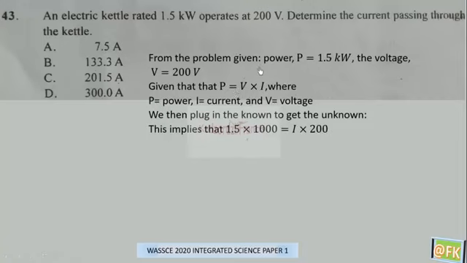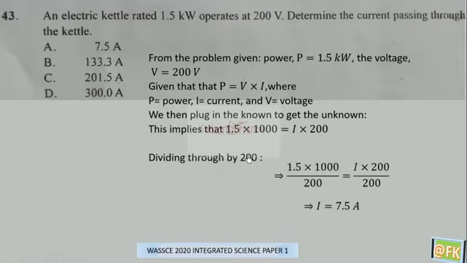You know, kilo means what? 1000. So that is why we are writing 1000 here. So 1.5 times 1000 is equal to I by 200. So to get I, we divide through by what? 200. And that gives us the current to be 7.5. The correct answer here is A.